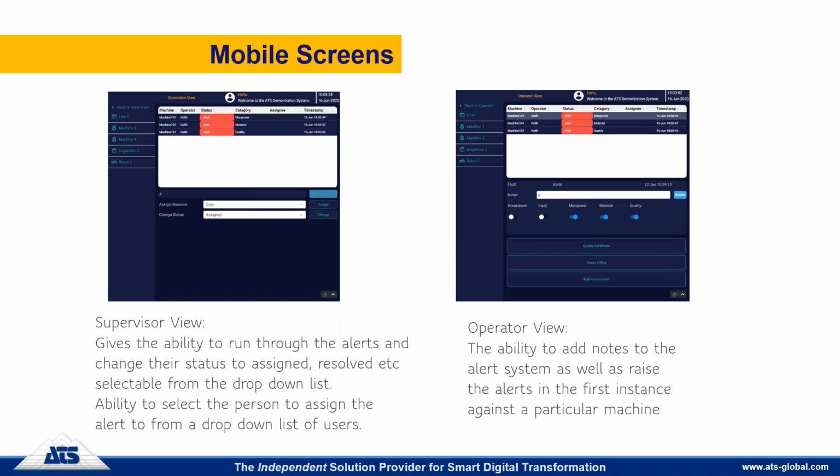And then the operator view on the right has the ability to add notes and also raise the issues we've got down here. So we've got quality certificates, heavy lifting, risk assessments. Any information that's key to a particular machine, you could also use there. And they can see the alert that they've raised. They can see it being acknowledged and that someone's going to come and fix their problem.